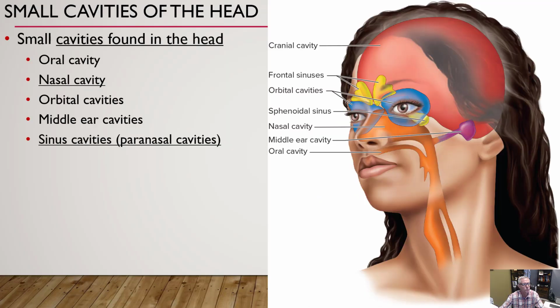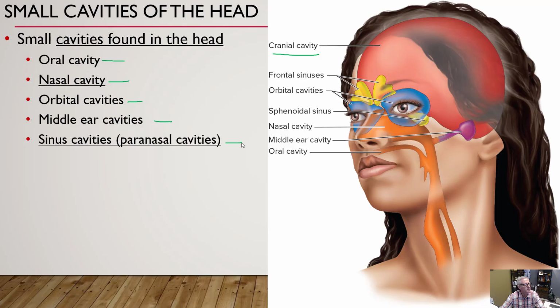All right, so moving on, some cavities that you're going to find in the head. We've already talked about our cranial cavity. Oral cavity, that's going to be your mouth. Nasal cavity, that's going to be your nose. Orbital, those are your eyes. Middle ear cavity, that's your middle ear.